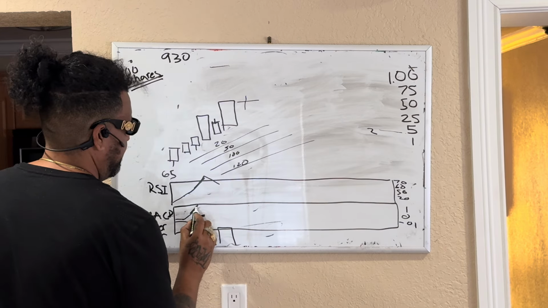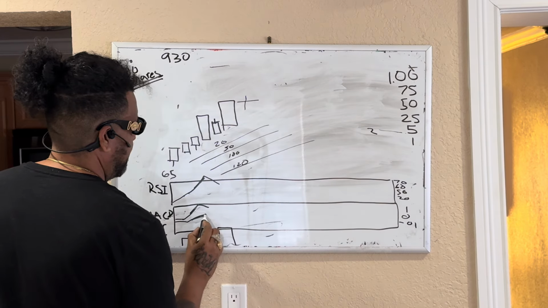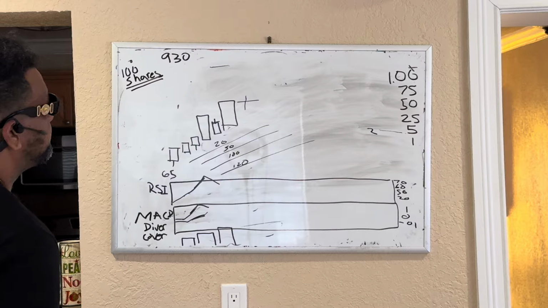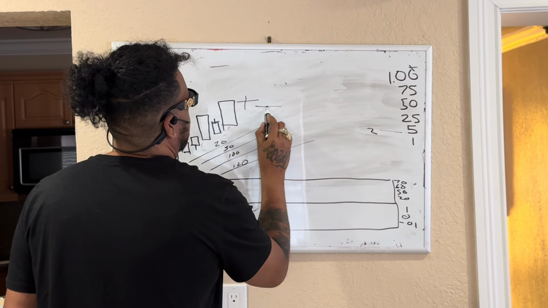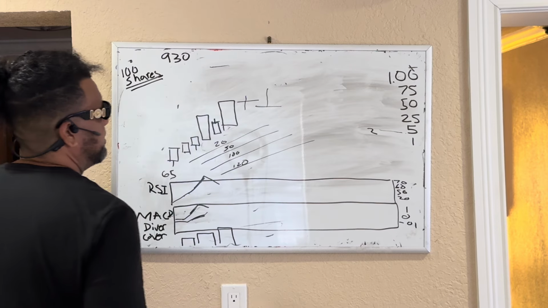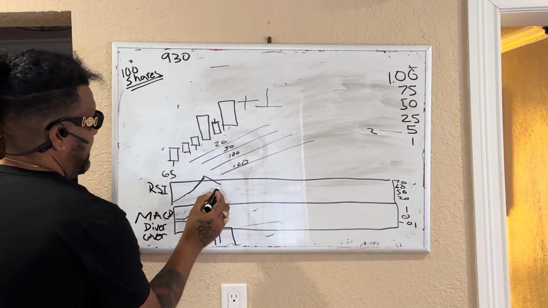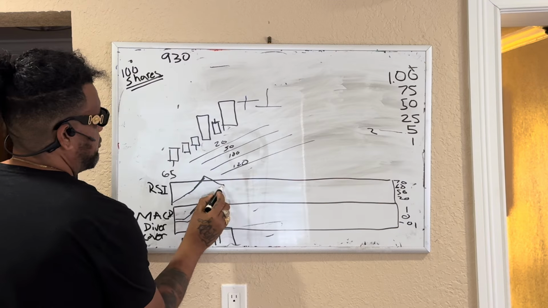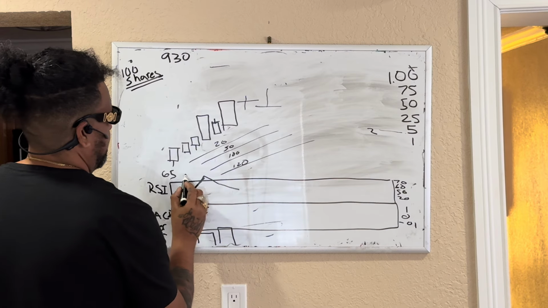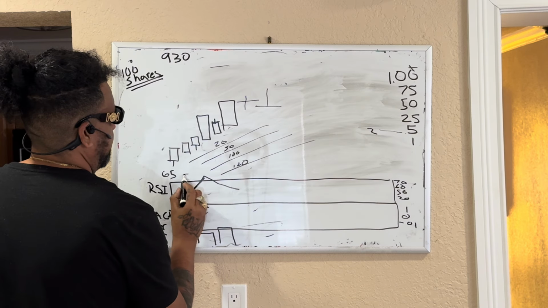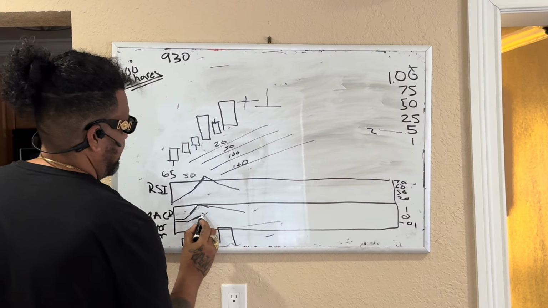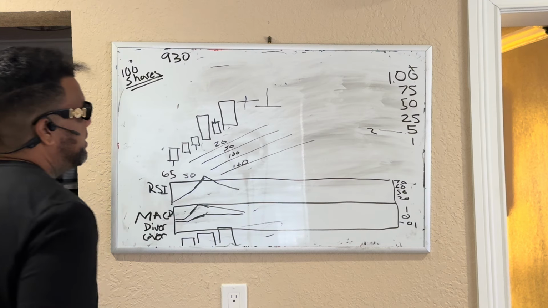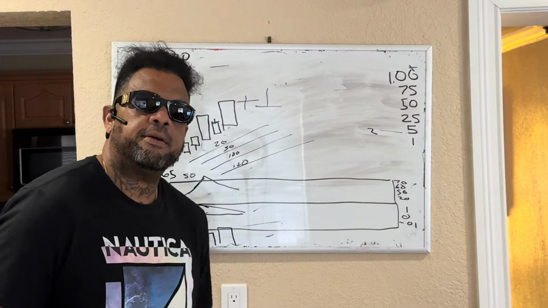All of a sudden, the MACD starts converging. The next one is a shooting star. And now the RSI drops to 50. This converges even more. Get out of there.